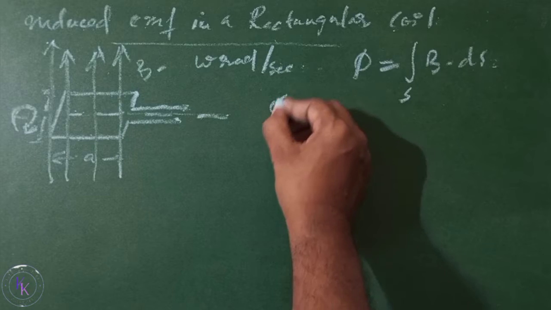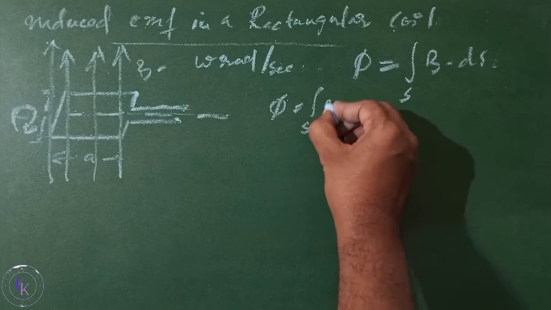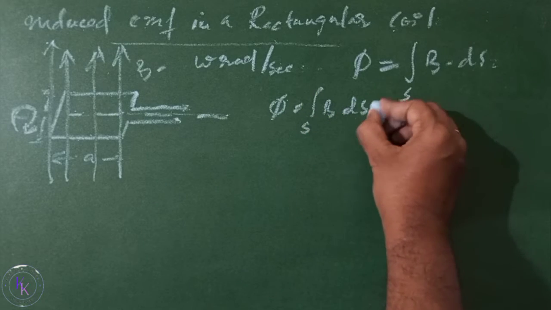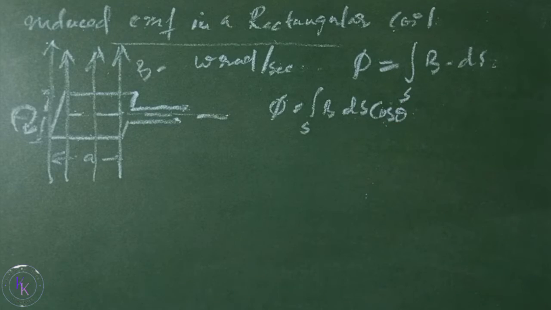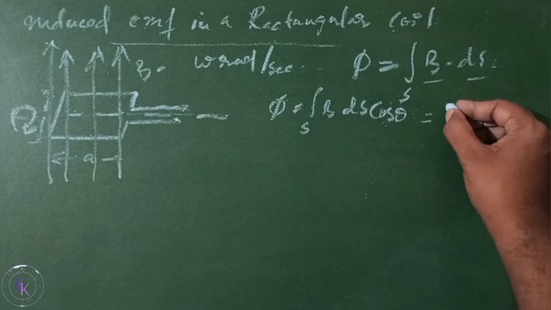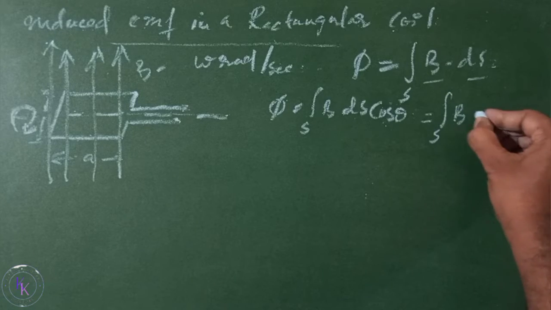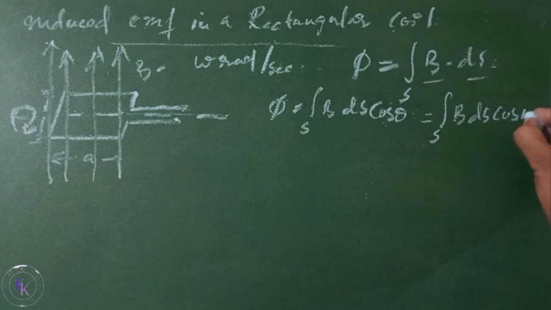In magnitude, phi equals the integral of B ds cos theta, where theta is the angle between B and ds. Theta can be replaced with omega t, so it is B ds cos omega t.